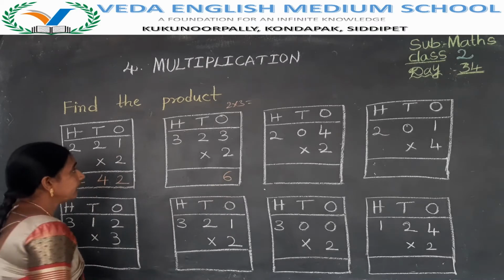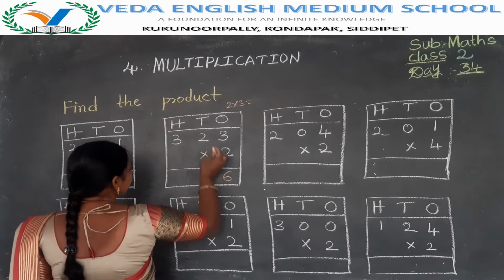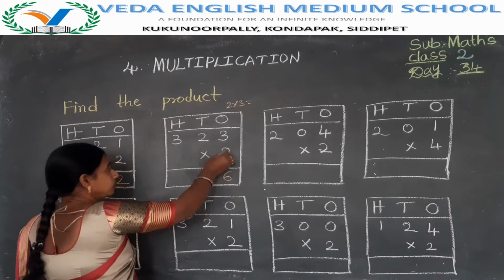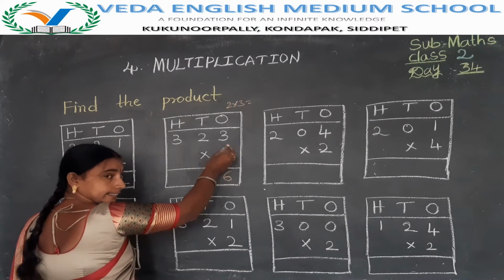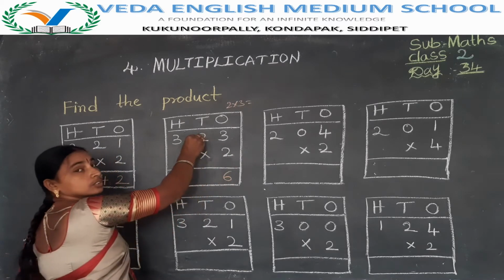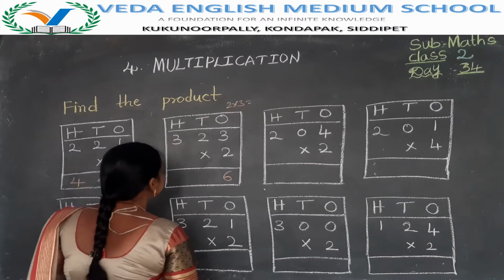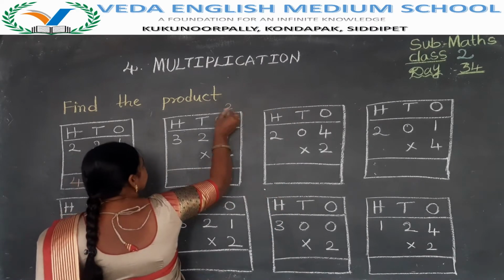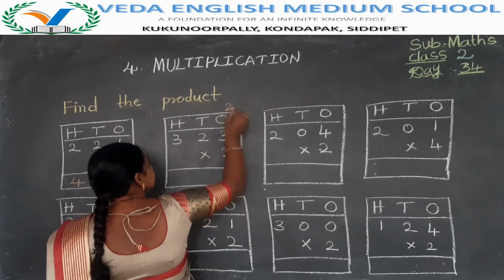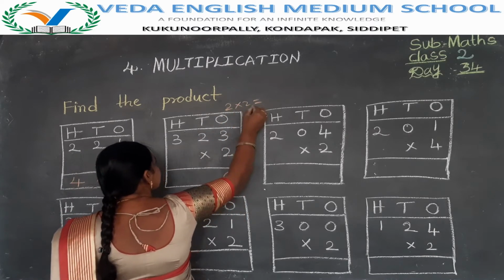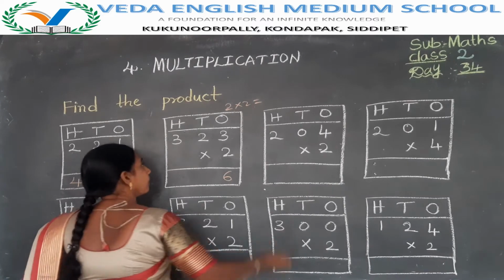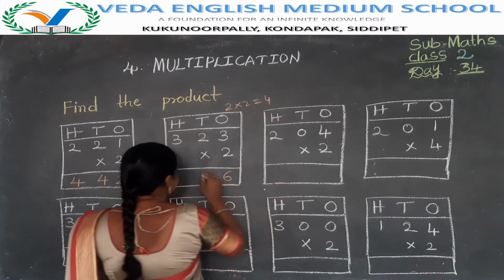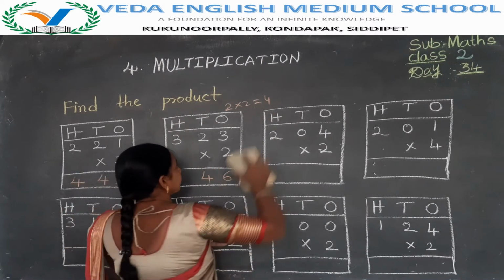Okay. Next, see Nana. Multiply digit 2 in the tens place by 2. That means 2 into 2. 2 twos are 4. So in the tens place 4.